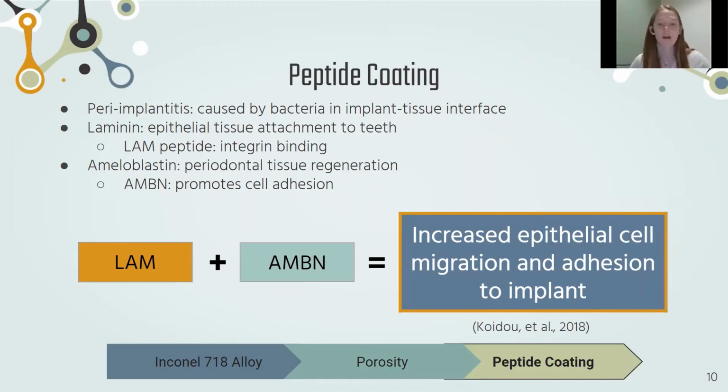More specifically, the LAM and AMBN peptides have been shown to increase interactions of laminin and amelotin with implant surfaces. This also increased epithelial cell migration and adhesion to implants. So we propose that we will also use this combination of peptides in our implant to improve the attachment of soft tissue to the Inconel implant material and reduce the impacts of peri-implantitis in our implant.